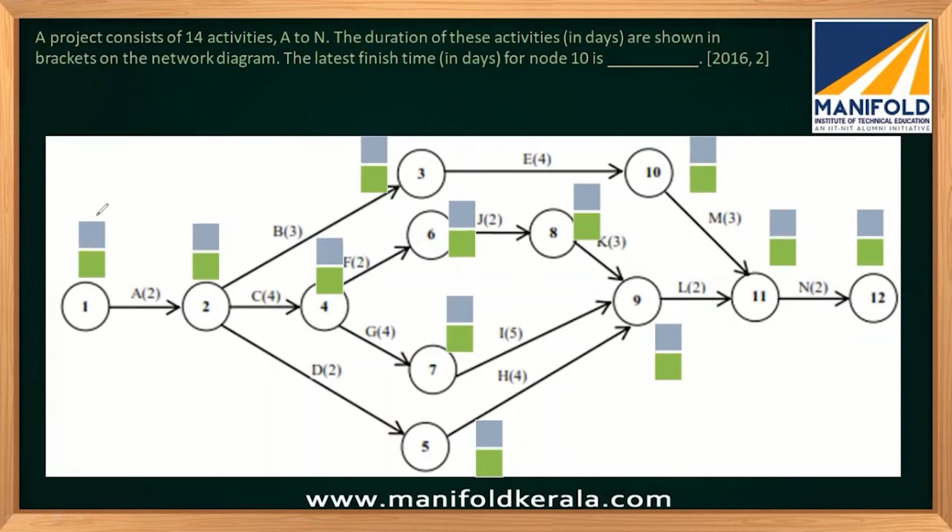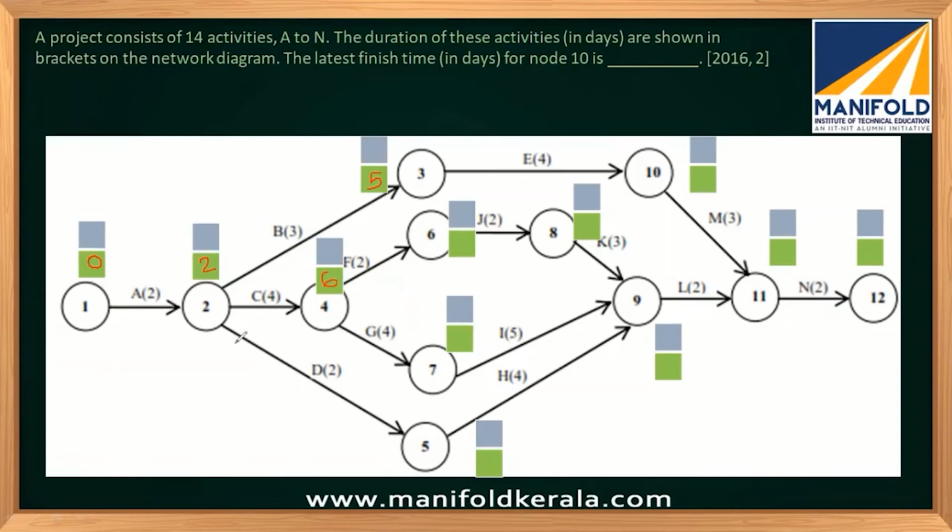So for node 1, we know that for the starting node, it will be 0. For node 2, 0 plus 2 will be 2. For node 3, so 3 plus 2 will be 5. For this one, it will be 4 plus 2 will be 6.